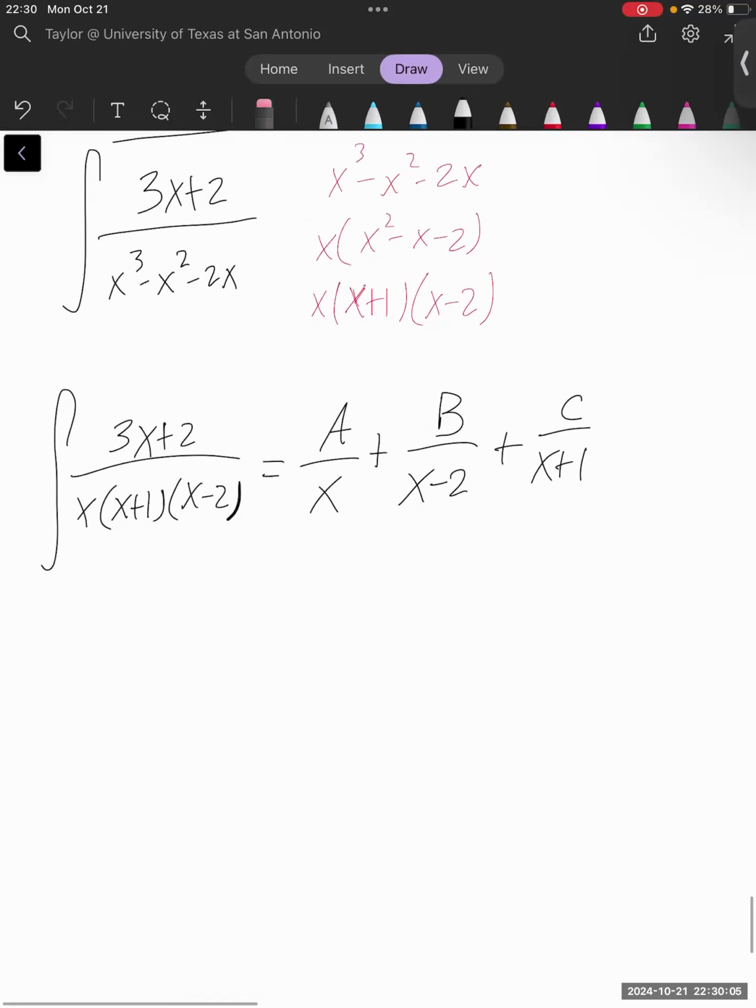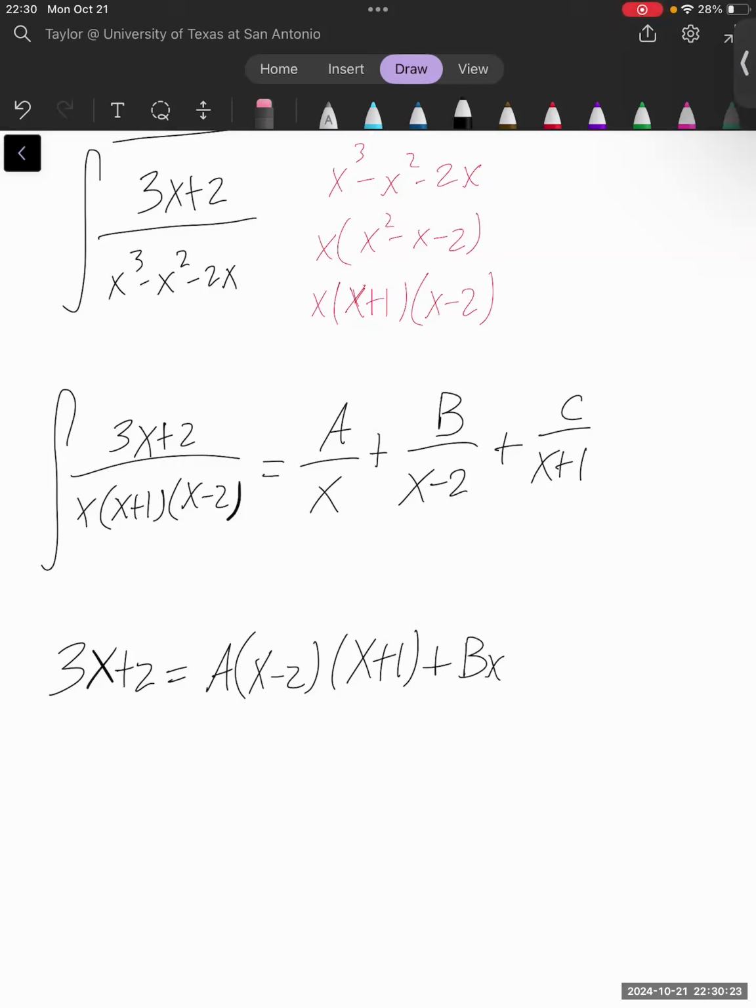And so we see that we have 3x plus 2 equals a(x minus 2)(x plus 1) plus bx(x plus 1) plus cx(x minus 2).